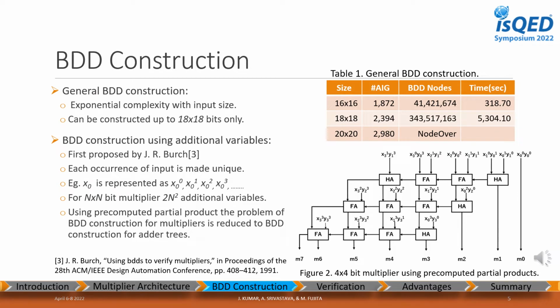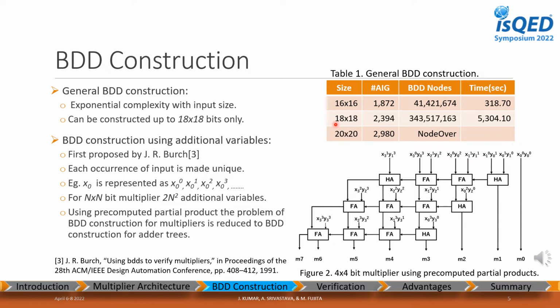BDD construction. In this slide, we will see the general BDD construction and BDD construction using additional variable methods. Table 1 shows the general BDD construction results for integer multiplier circuits. From this table, it is clear that the BDDs can be constructed up to 18-bit multiplier circuits only using the general BDD construction method, where primary inputs are used as BDD variables.